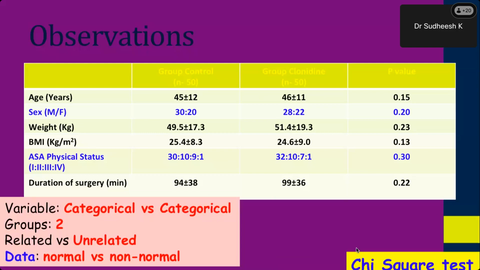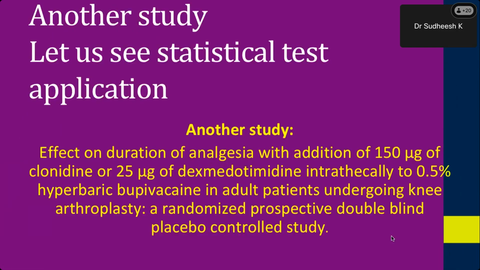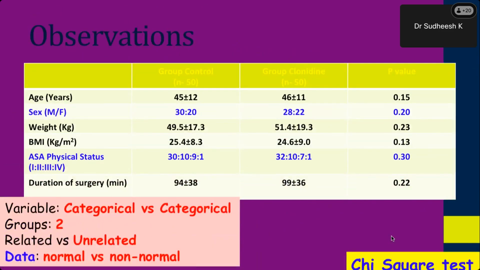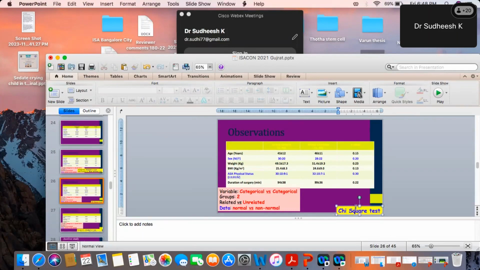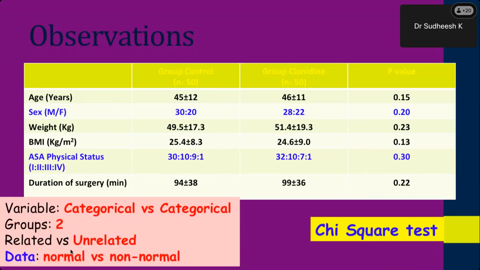Now coming to categorical data, that is your gender distribution and the ASA physical status, they are usually tested by chi-square test.